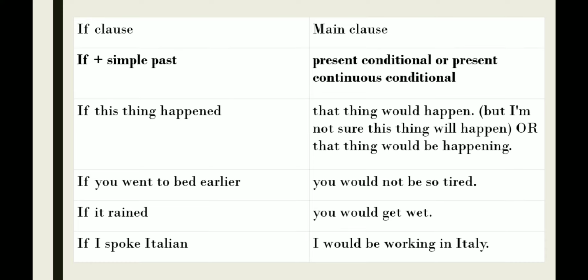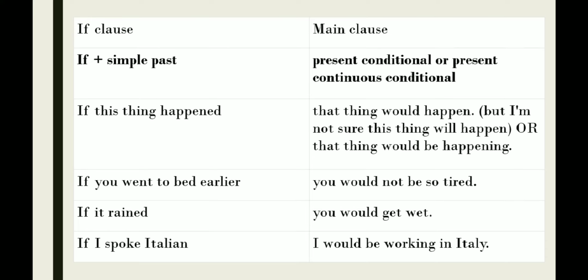Okay, you can see in the structure, in the if clause simple past tense and in the main clause present conditional or present continuous conditional. It is would plus infinitive and would plus continuous tense.